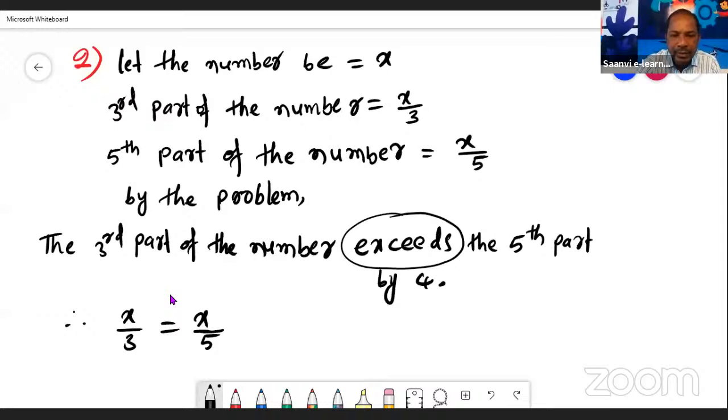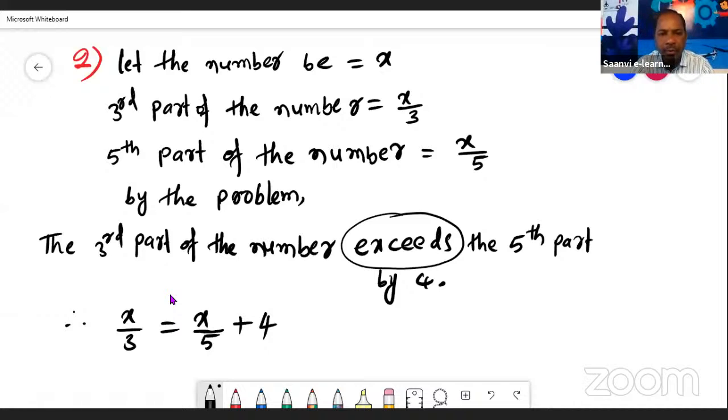Exceeding means increasing. Increasing means plus only. Right? How much increasing? 4. It means plus 4. So third part of the number exceeds the fifth part of the number by 4. It means x by 3 is equal to x by 5 plus 4.